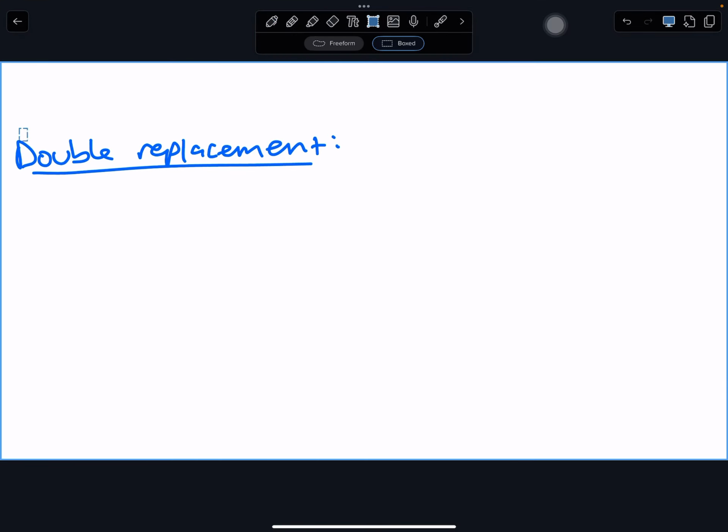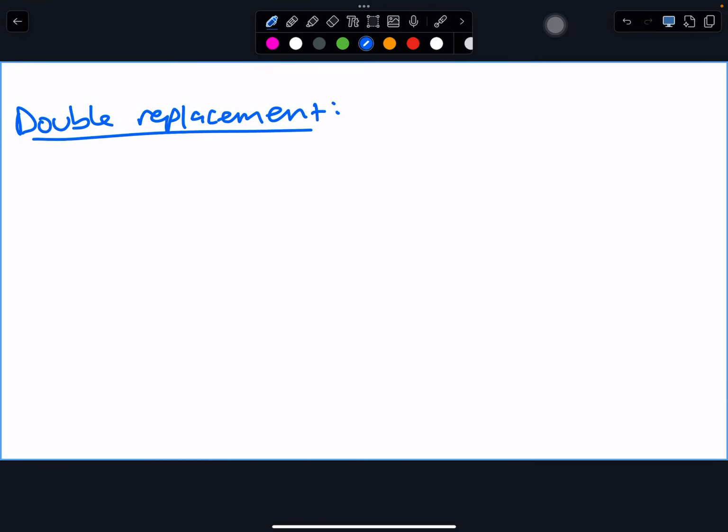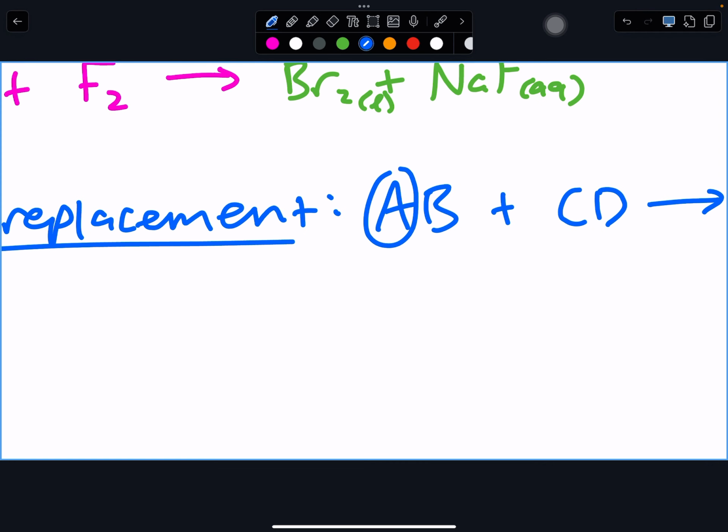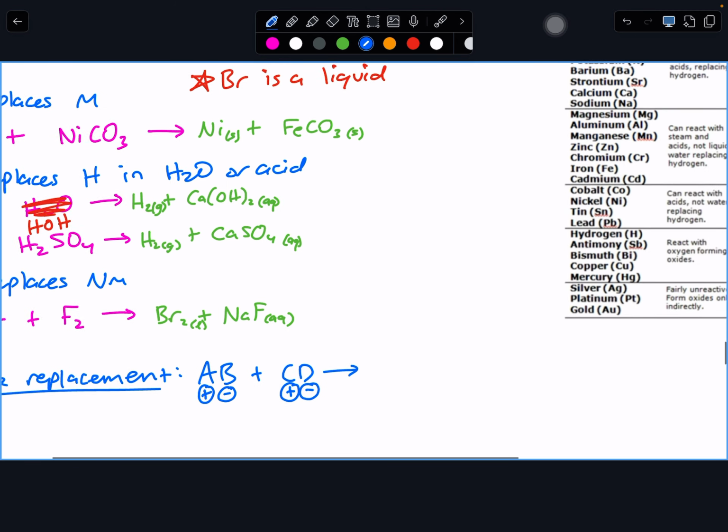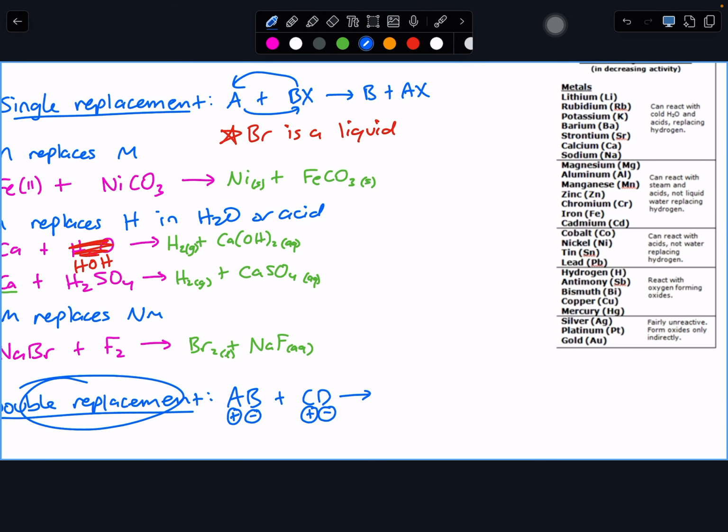Okay, double replacement is AB, a compound, reacting with CD, another compound. If this is an ionic compound, what does the A represent? A cation, and B? An anion. Remember, double replacement is two ionic compounds reacting together.